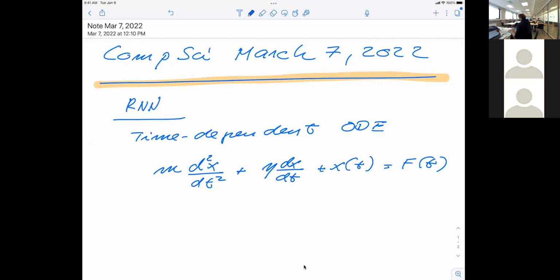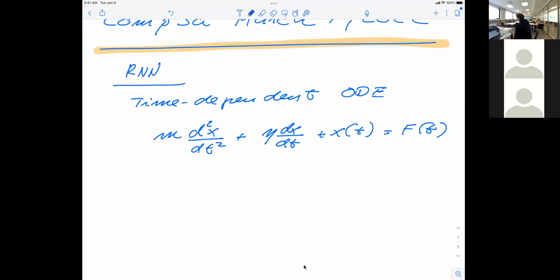And when you solve these equations, you would normally discretize the solution, and you would have some kind of solver. That could be as simple as the Euler method. This is just an example, a kind of warm-up to the way we are going to label the various elements in a recurrent neural network.